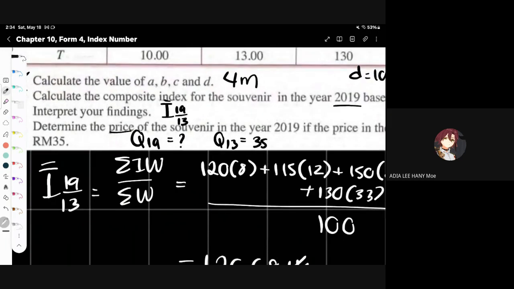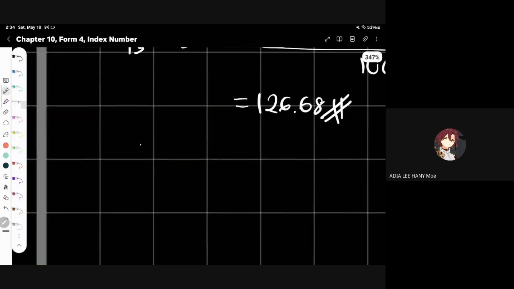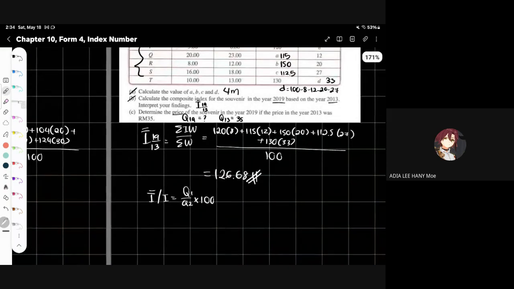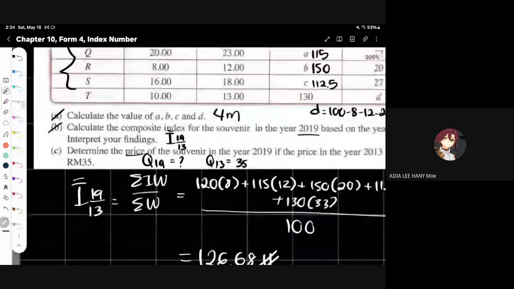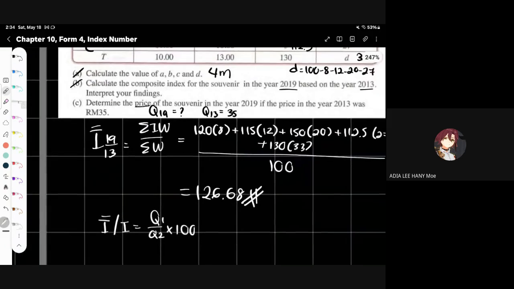So what formula can we use for the Q? Remember, there's now two formulas that we can use. This is either I dash or I equal to Q1 over Q2 times 100. So which I are we going to use actually? Which I can we use? Do you guys know I composite, or I dash, or I normal? Which one do you think?